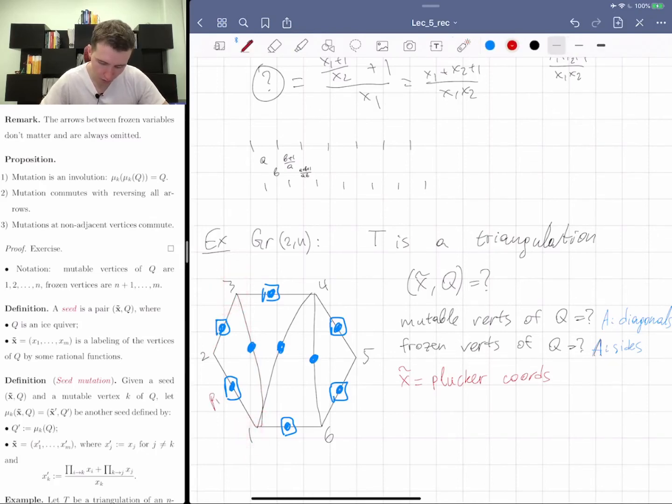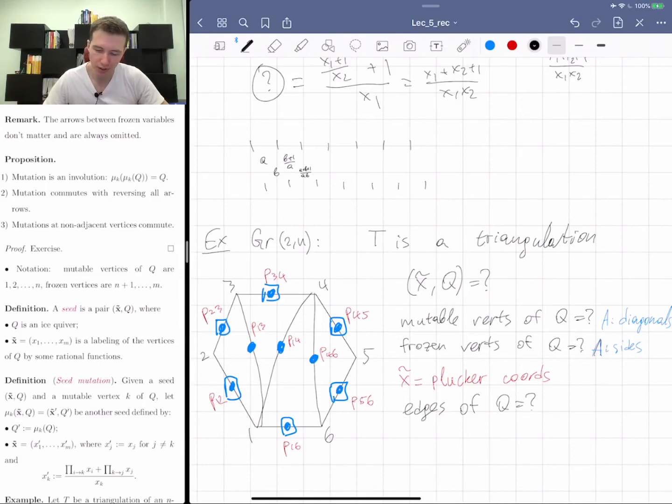There's P12, P23, etc. That's your extended cluster. P13, P14, P46. And the last non-trivial step is to guess the rule for the edges of Q. How do you guess the edges? I mean, you can just draw any edges.